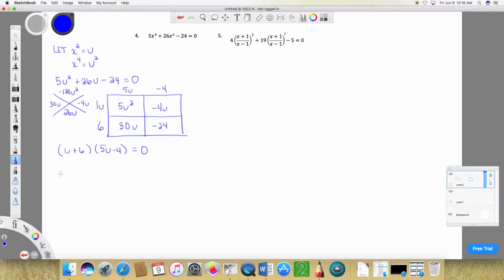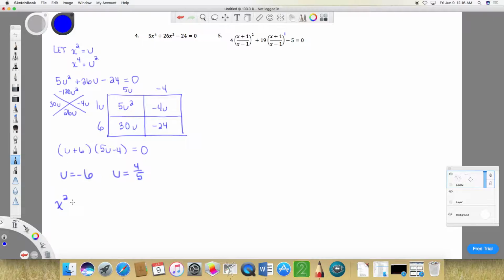So we can see that u equals negative 6 will give us a product of 0. And we can see that if u were, let's add 4 and divide by 5. But now remember, we're not solving for u, our final answer has to be a solution set for x. So we replace u with x squared.